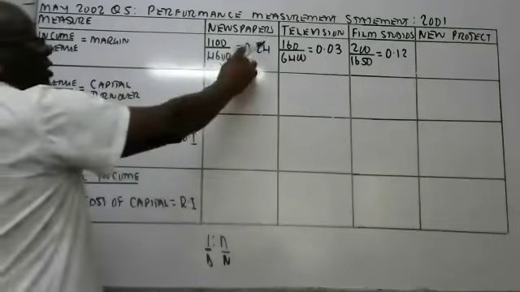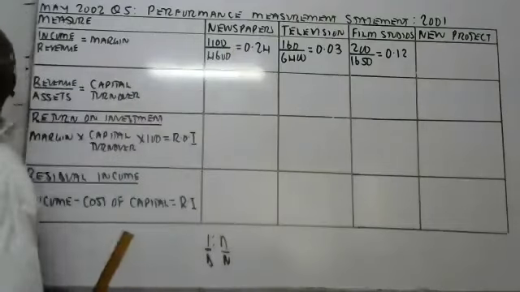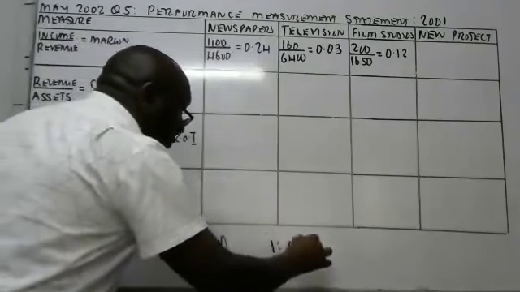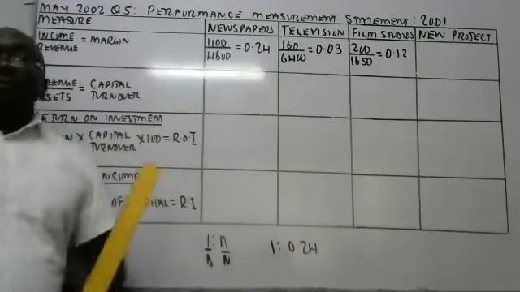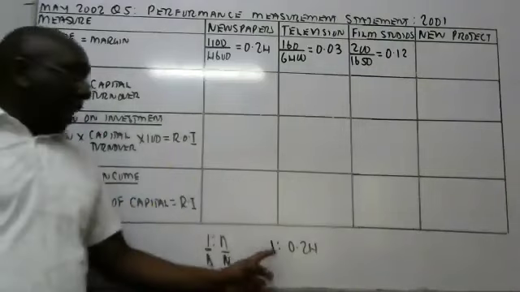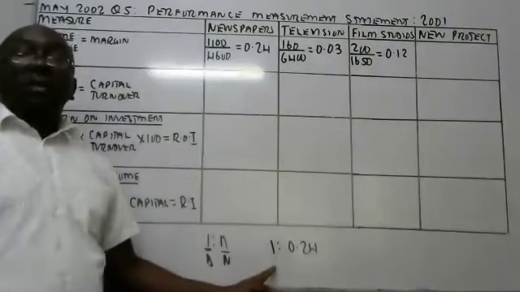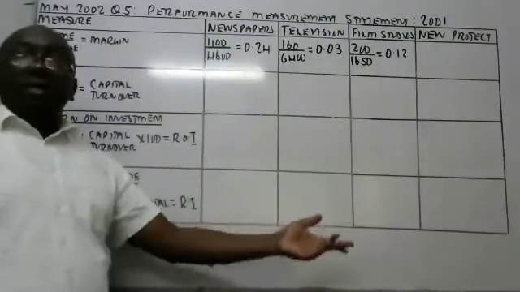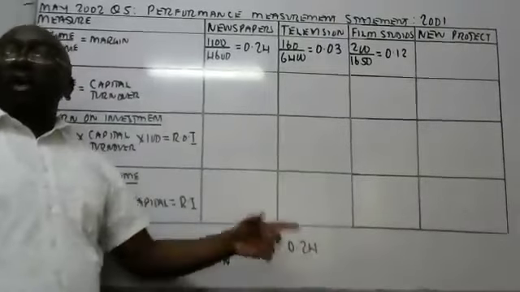Like this ratio here, I should have written it as 1 is to 0.24. But as you know, we rarely keep on writing 1, just like when you are told 3 times 1 is 3, we just write 3.